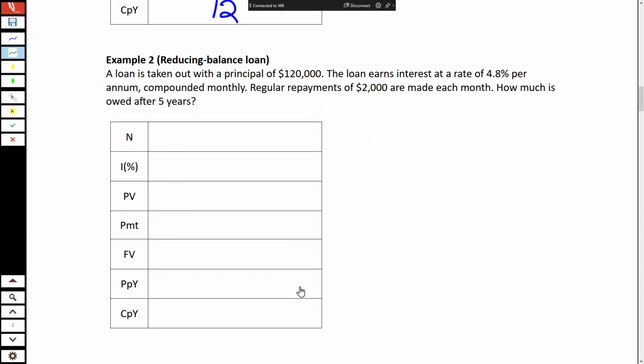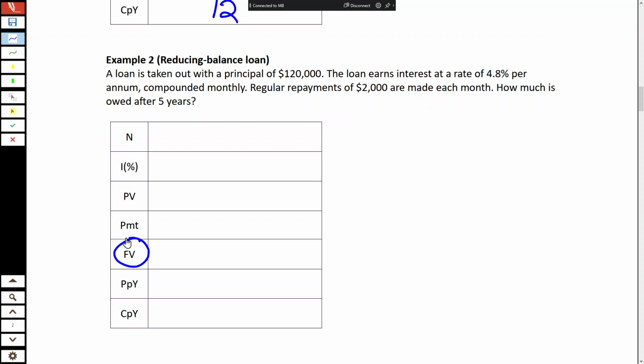This is a loan. So let's start. What are we trying to find in this question? How much is owed. So again, we've got some starting information, some amount owed at the beginning, and I want to find out how much I owe at the end.